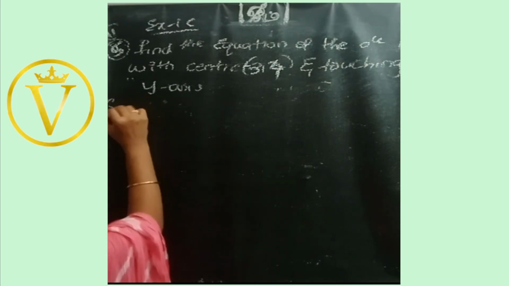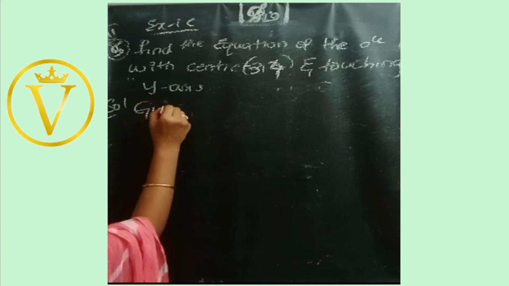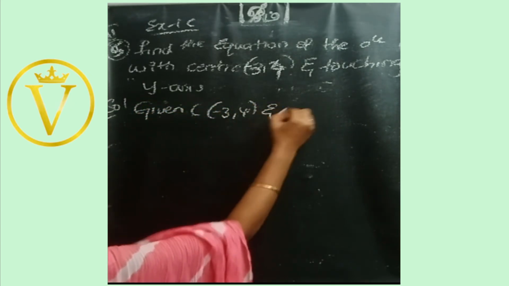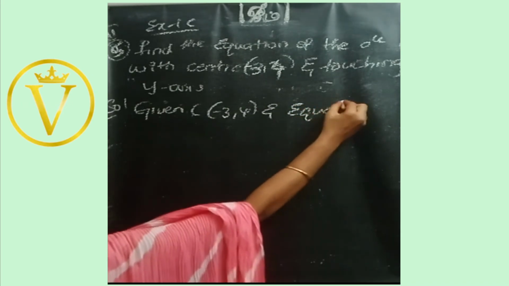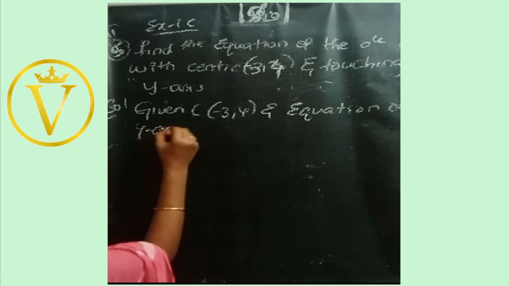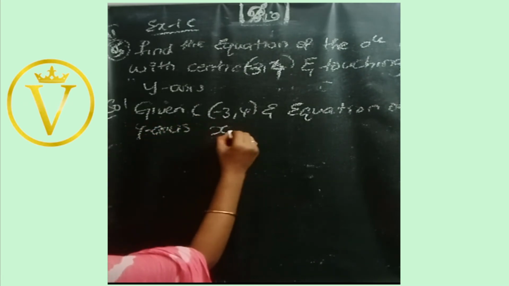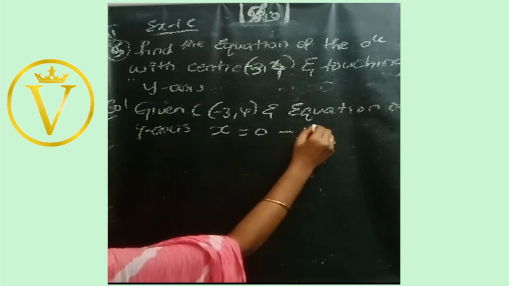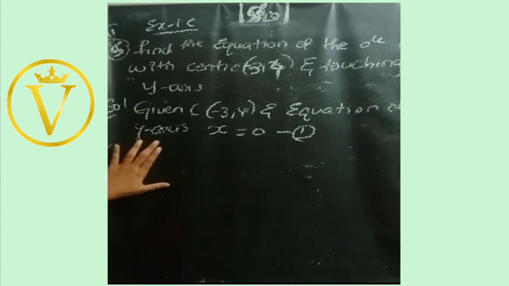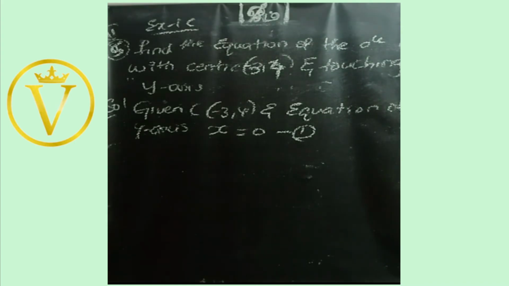So given c is minus 3 comma 4 and the equation of y-axis, that means y-axis is nothing but x equals 0. This is the first equation. So whatever line they have given, y-axis is nothing but x equals 0.